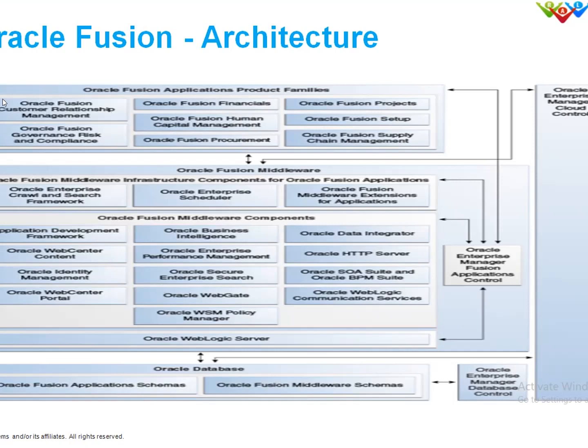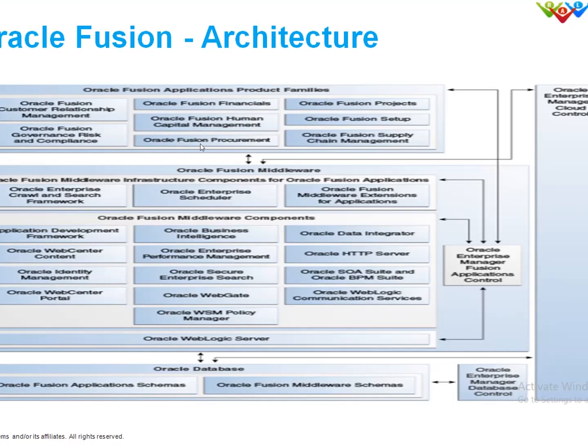So this is your tier 1 client. Here basically we have all the applications. We have finance application or finance cloud. Here we have projects cloud, HCM application or HCM cloud, right? Procurement, GRC, risk management.